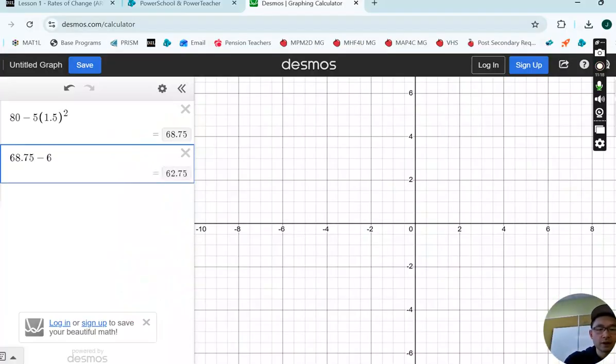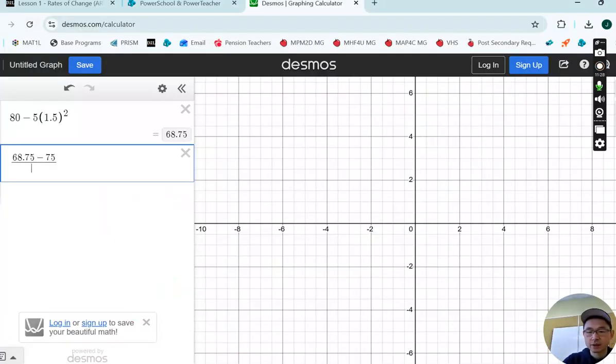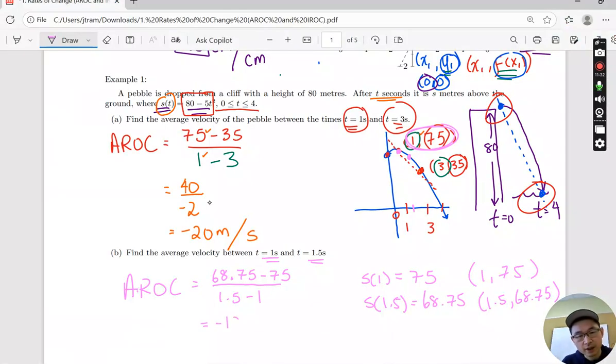Let's just save time. 1.5 minus 1 is 0.5. So negative 12.5 meters per second. Which means that between 1 and 1.5, it's falling at a rate of negative 12.5 per second.